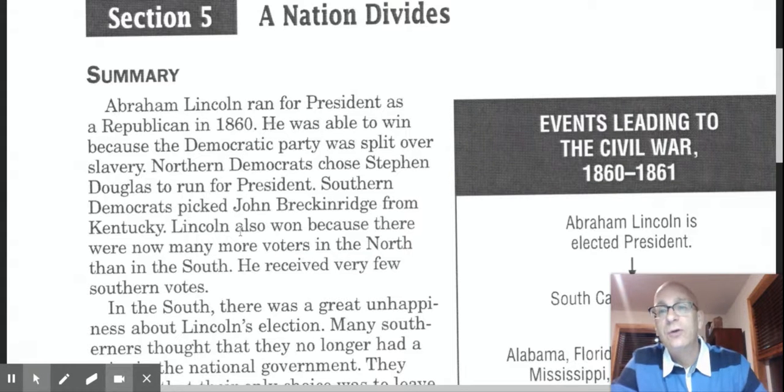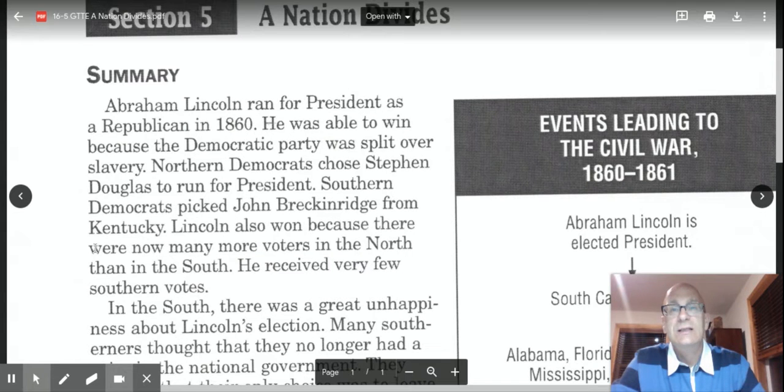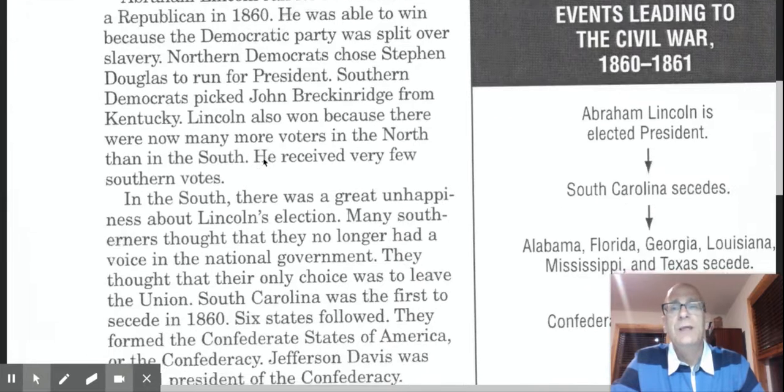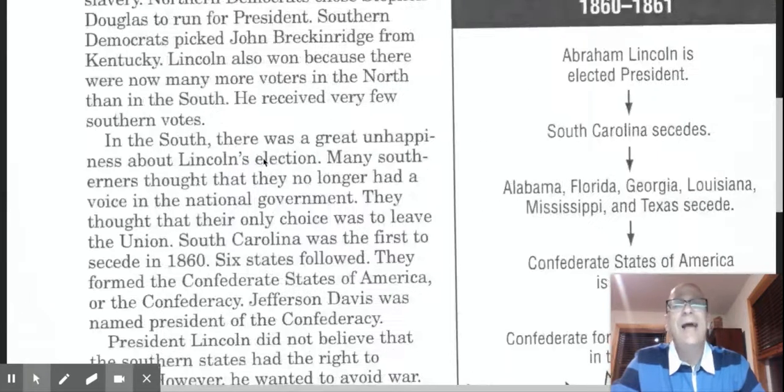Lincoln also won because there were now many more voters in the North than in the South. He received very, very few Southern votes in the election of 1860, but he still received enough electoral votes to win. In the South, there was great unhappiness about Lincoln's election.